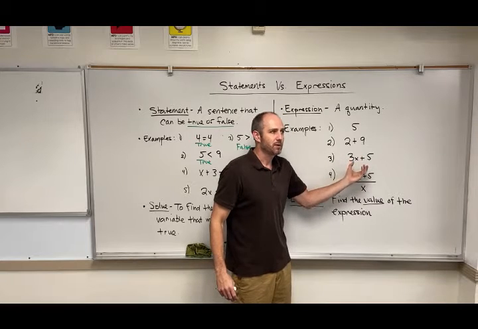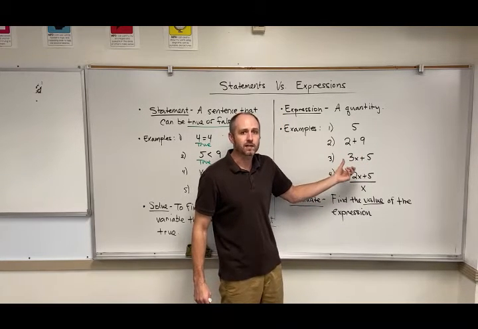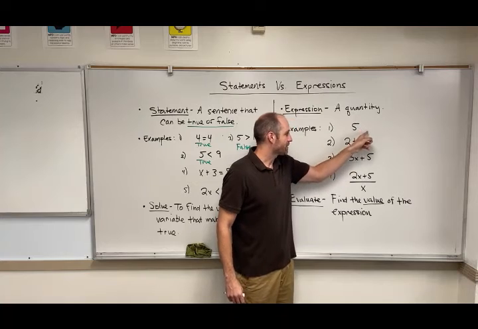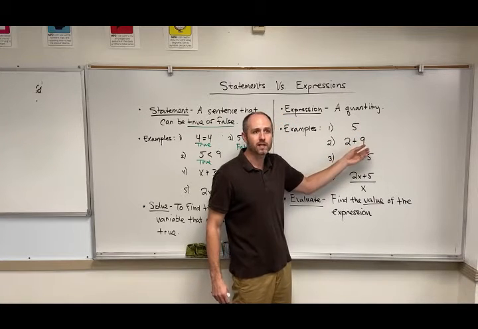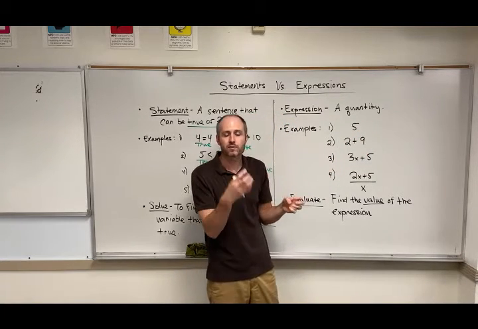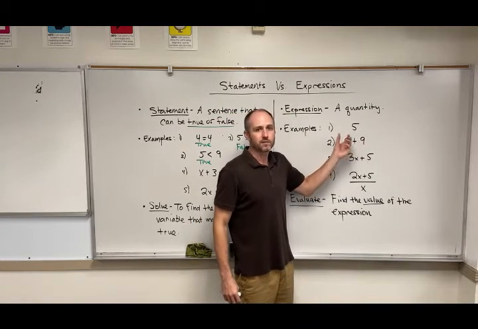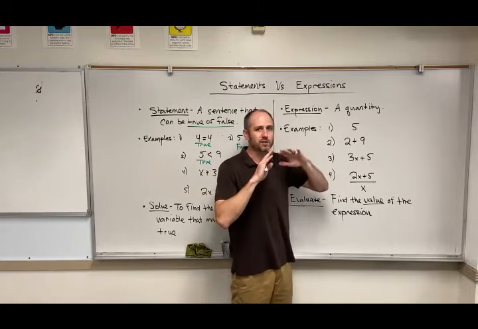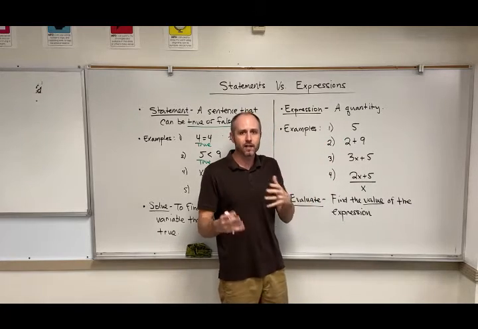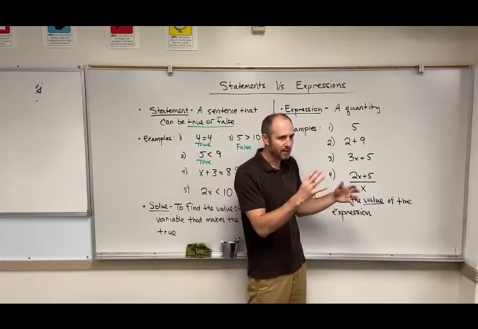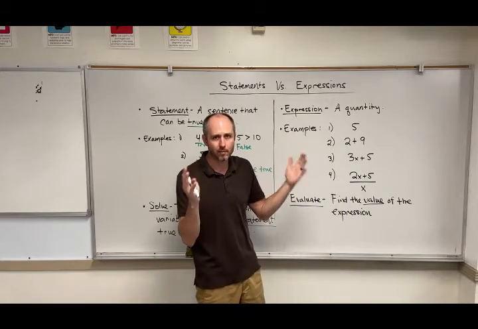That's an expression. Notice what's not here. There's not any equal sign. There's no greater than. There's no less than. We're not comparing something to something else. It's simply a quantity. So I just wrote a quantity to keep it simple, rather than saying a finite collection of numbers, variables and operations.